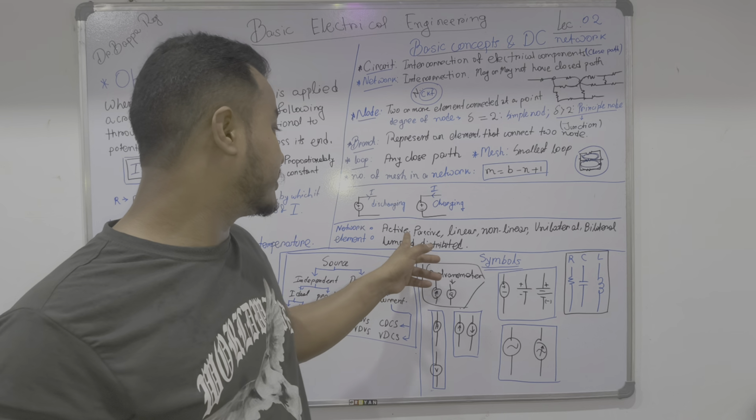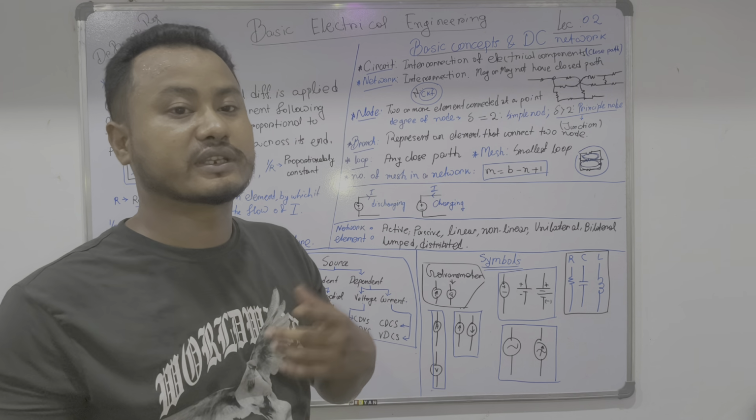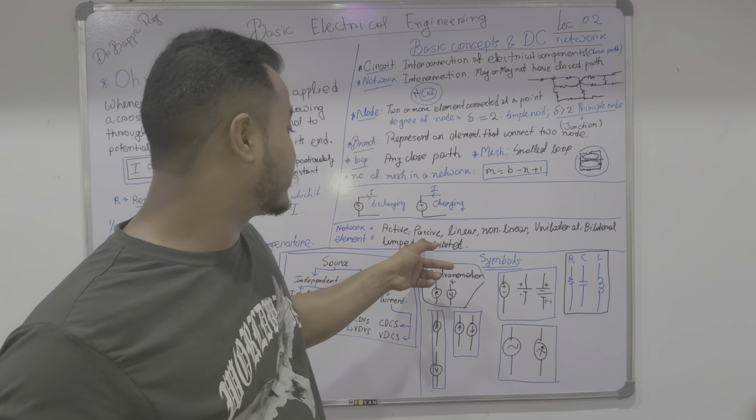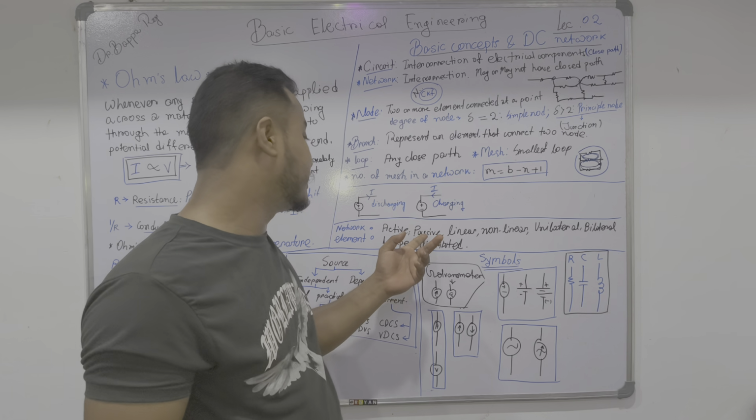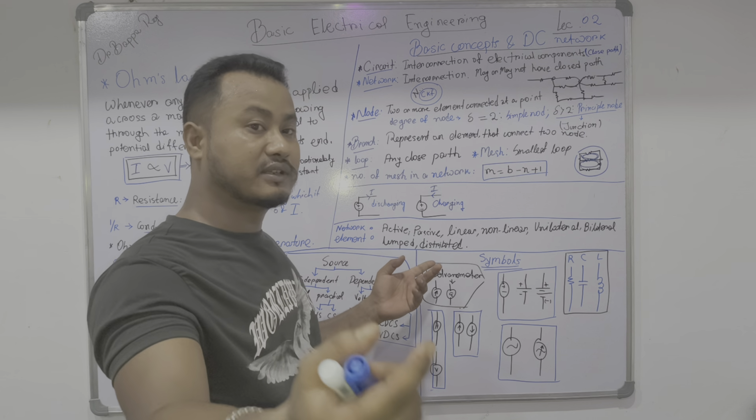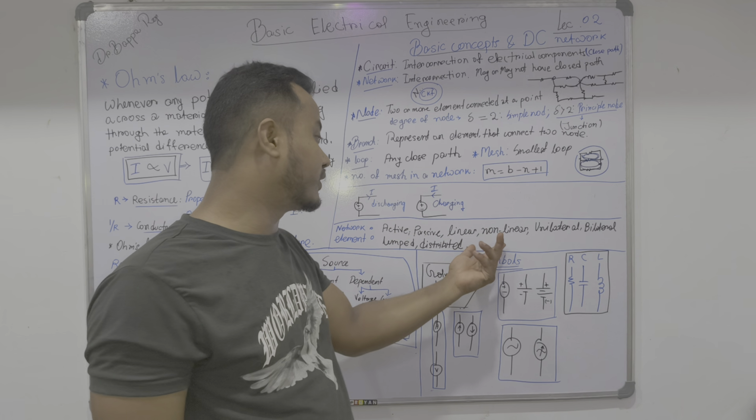So an active component is one which can give uninterrupted supply from any other form, for example a battery or any voltage or current source. Passive are the capacitor and inductor.